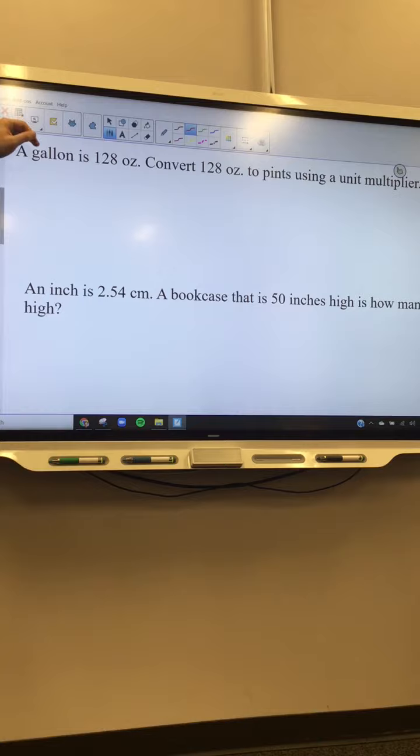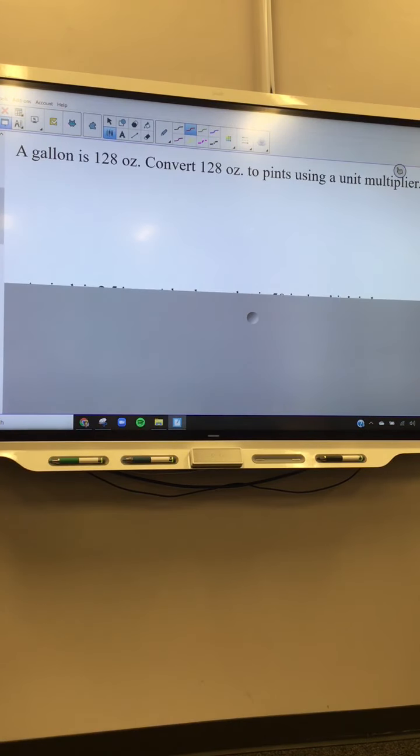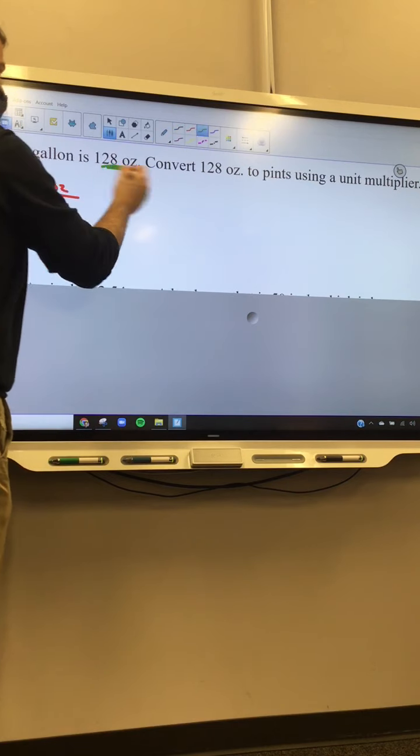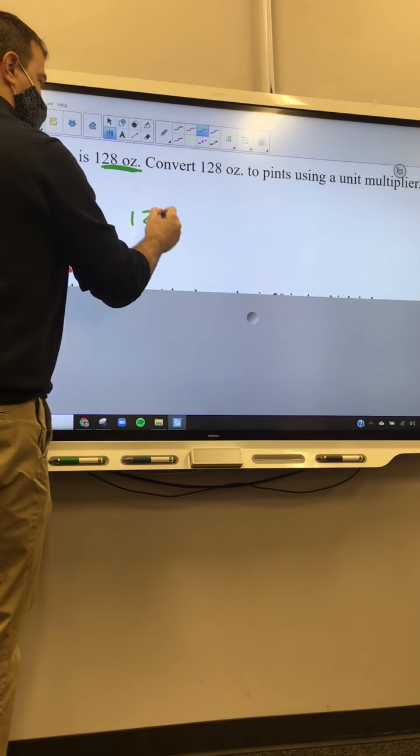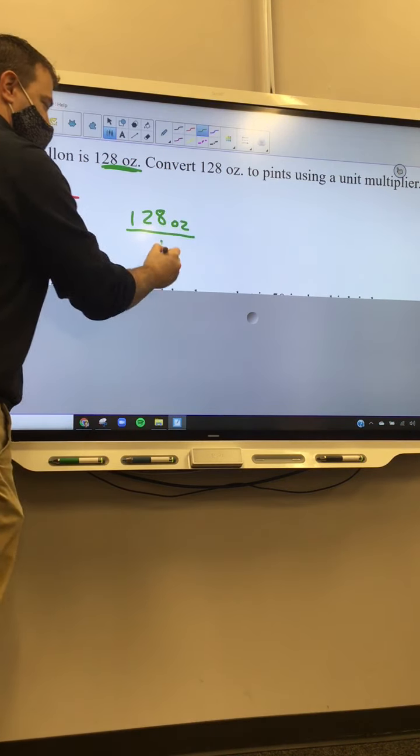Okay, so here's where we would use this kind of stuff. A gallon is 128 ounces. Let's convert those ounces to pints. Well, you just said 16 ounces is in 1 pint, or 1 pint is in 16 ounces, right? So we're going to use one of those 2 unit multipliers that you just came up with. We're going to take our original value, 128 ounces, and if I were you, I would get in the habit of making it into a fraction by just putting it over 1.